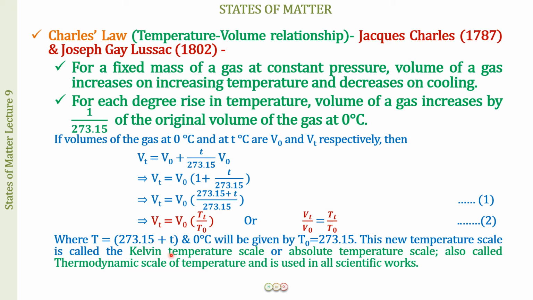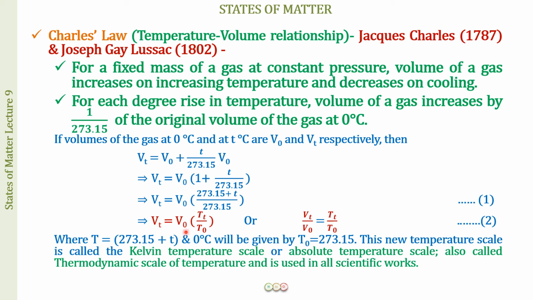And this Kelvin temperature scale is also called the absolute temperature scale, and also the thermodynamic scale of temperature, and this is used in all scientific works. So I hope this is clear to you how we have got this equation, plus how we have got the relationship of the temperature on the Celsius scale and on the Kelvin scale.